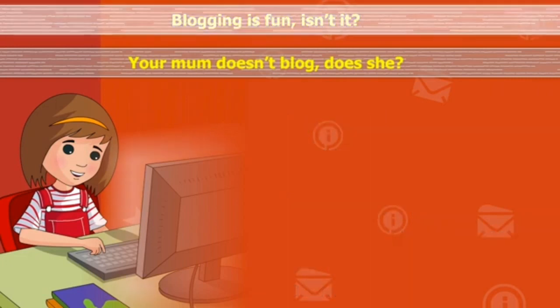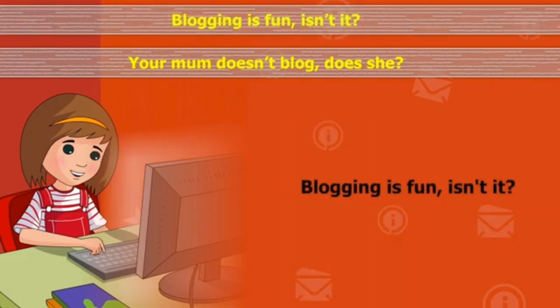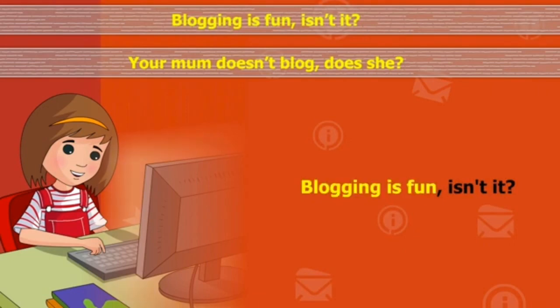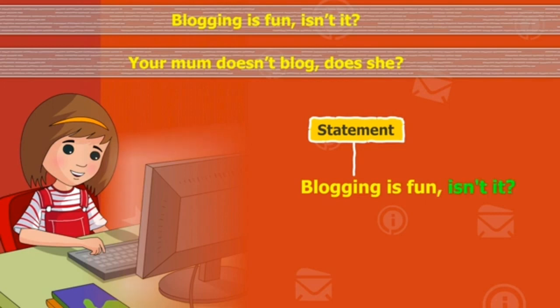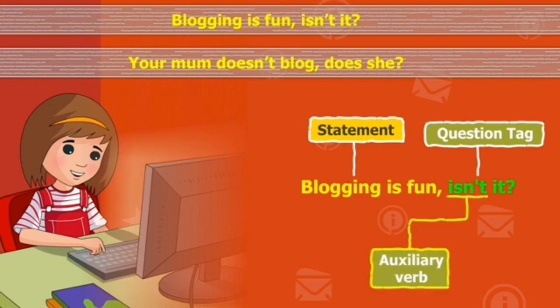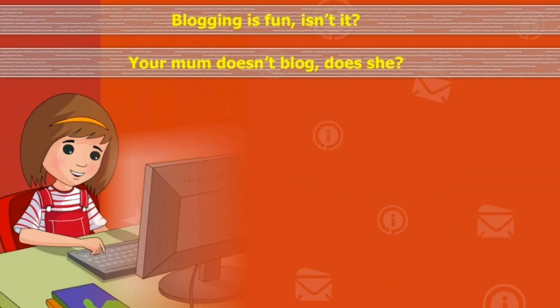Let's consider an example. Blogging is fun, isn't it? Okay, now the first part of the question, blogging is fun, is a statement or a declarative sentence. And the second part, isn't it, is a question tag. Isn't is an auxiliary verb, whereas it is a pronoun, okay, which corresponds or agrees with the subject, blogging.